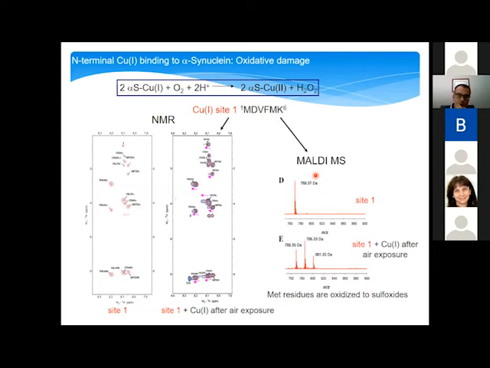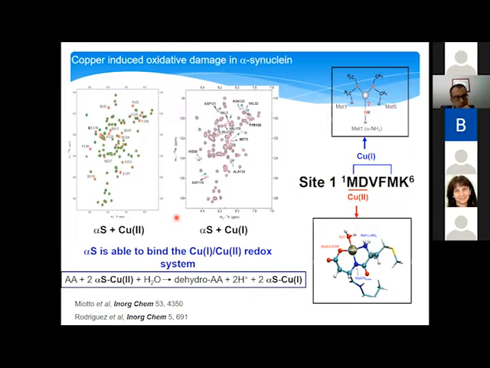We also showed this by using mass spectrometry, and we concluded that there was indeed oxidative damage induced by the copper 1, copper 2 redox couple, and that both states of the metal ion were able to interact with the protein. And of course, we also showed that the oxidative damage impaired the ability of the protein to interact with the membrane, and it also impaired amyloid fiber formation. Instead, the protein went on to form oligomers that were extremely toxic.